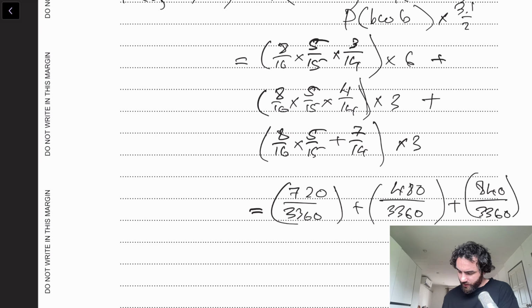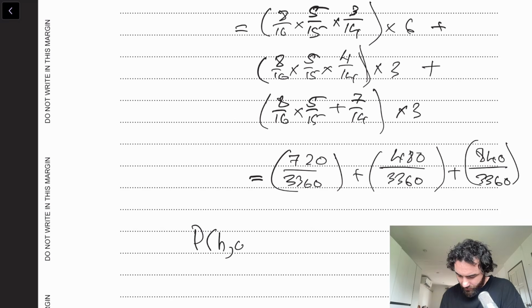That is 720 plus 480 plus 840 divided by 360. The probability of this happening will be 0.607.